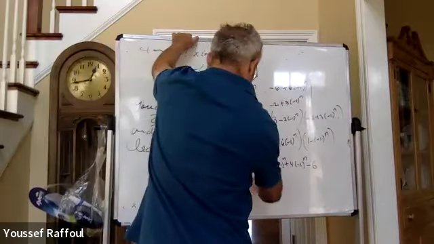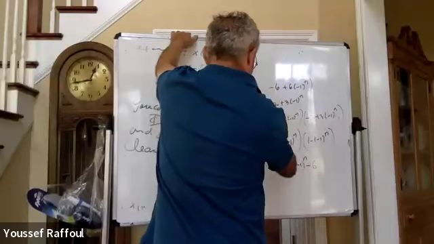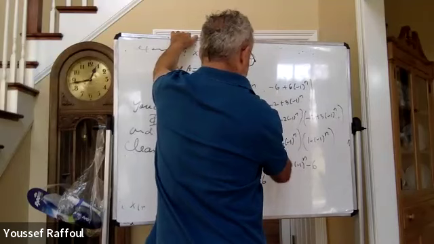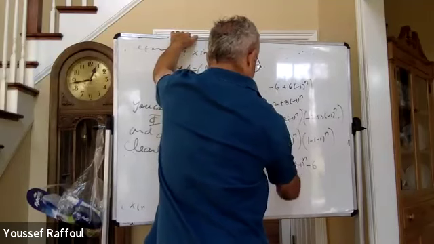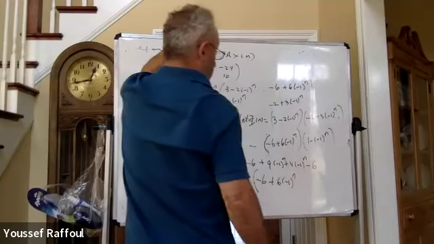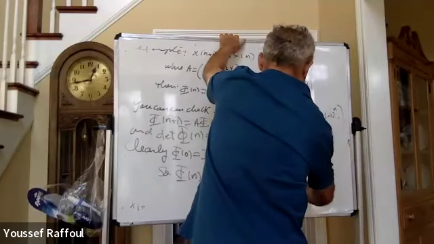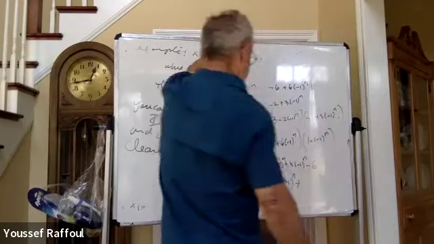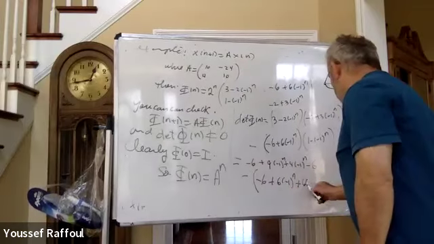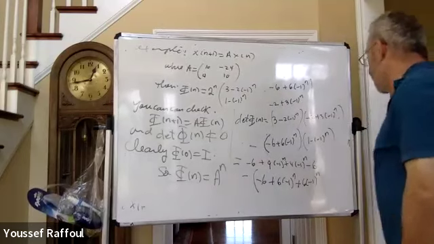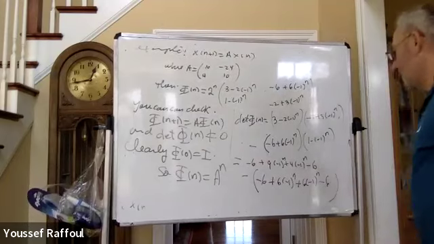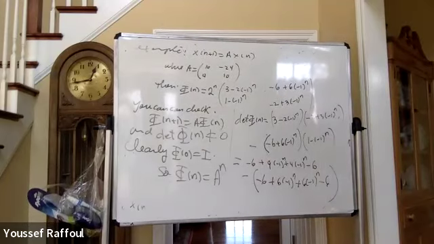And then you have minus 6 plus 6 times minus 1 to the n plus 6 times minus 1 to the n and minus 6.